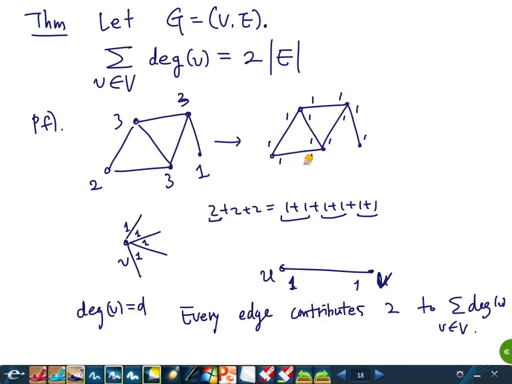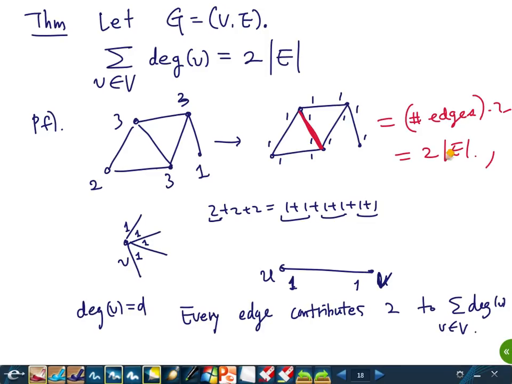Obviously, the sum of these numbers will be the sum of the numbers here, which are just ones, right? But if you look at every edge, there are 2 numbers attached to it. So the number of ones is number of edges times 2. The sum is equal to the number of ones, equal to 2 times E. That's the proof. It's quite simple.